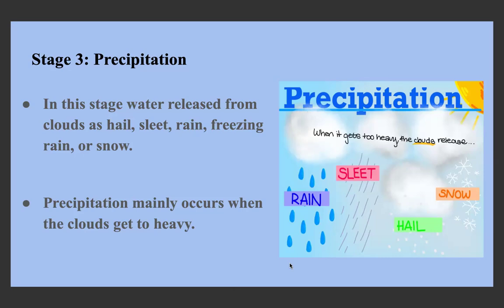And here we see an image of four examples of precipitation which I mentioned: rain, sleet, hail, and snow. One way you can remember precipitation is that when the clouds are really heavy, it is more likely to rain, snow, or hail. When we see a dark gray cloud, we already know it's more likely to rain.